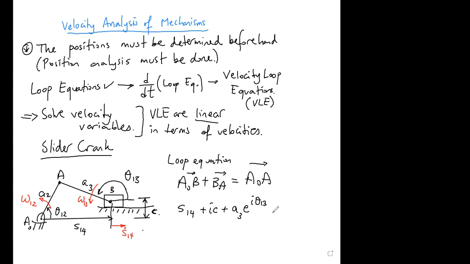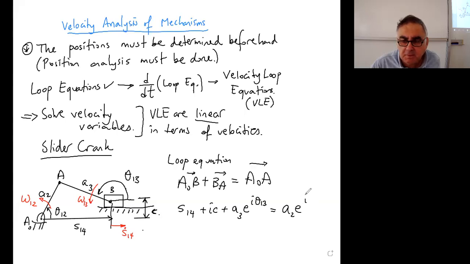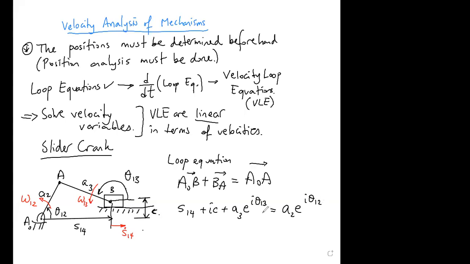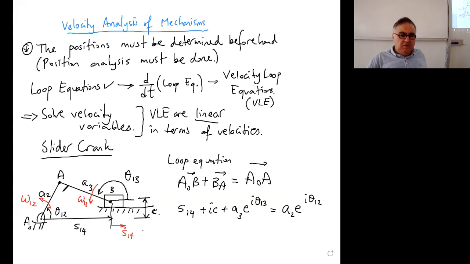Jam, I have a question. Yes. When you're forming the loop equation, can the loop equation be like A0A plus AB equals A0B? That's one possibility. So there are multiple possibilities, right? Yes. The only thing is the following.